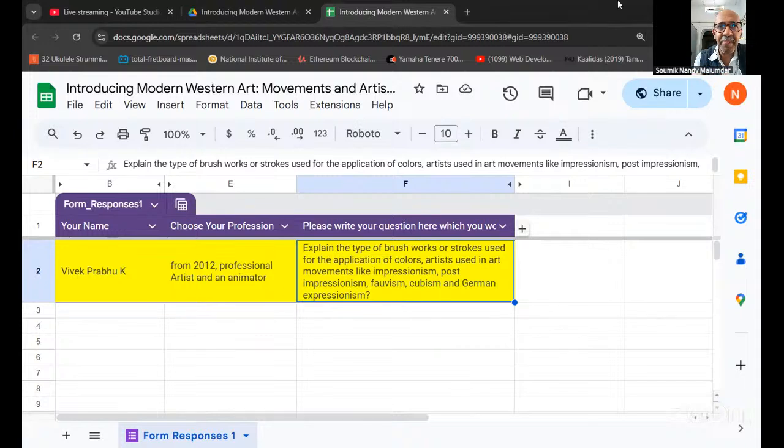So in the case of Van Gogh, like in the case of Cézanne, in the case of many other post-impressionist painters, we find what we call agitated brushstrokes.